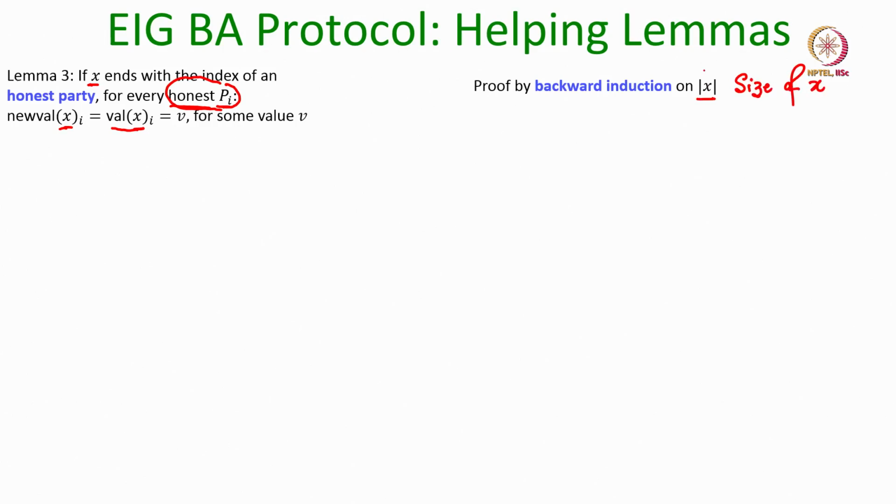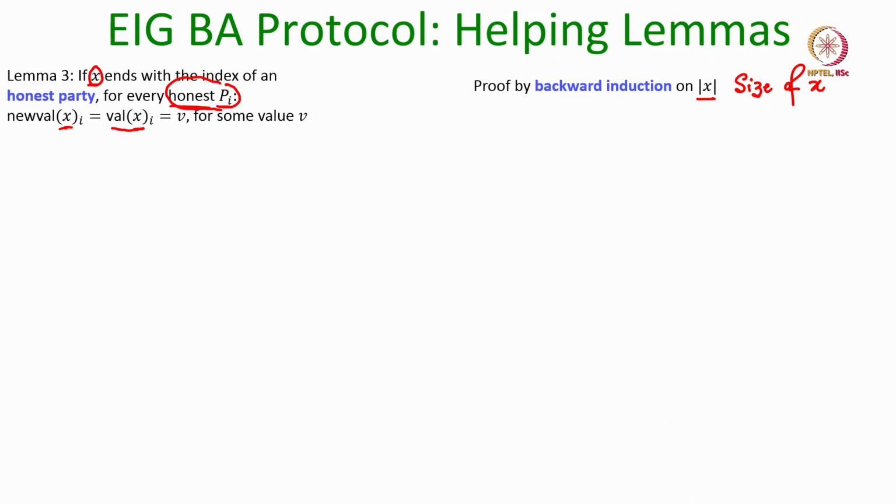Why size of x? Because this lemma is for any x. So, x could be of size 1, that means x is the label of a layer 1 node, or x could be a string of size 2, that means the lemma even holds for the nodes x occurring at layer number 2, or x could be a string of size t plus 1, that means the lemma even holds for a node x occurring at layer number t plus 1.